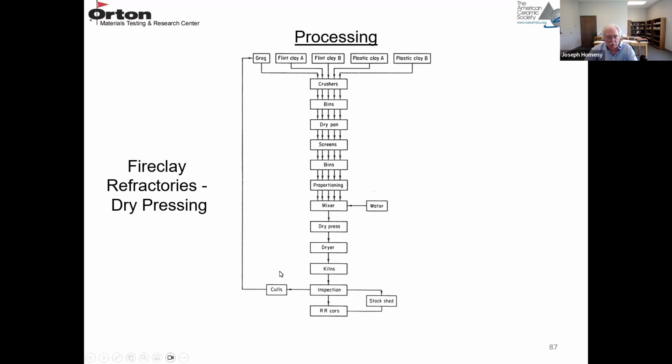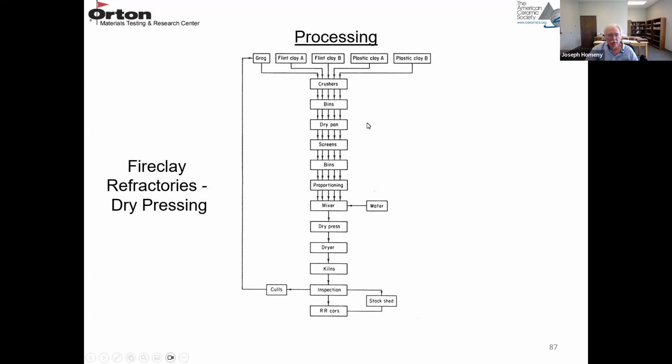There are a couple of flow diagrams I have here. This one is for dry pressing. You might have your calcined clays here, grog. Maybe there are some flint clays, which are not very plastic, and then your plastic clays. They all go through this crushing operation and separating into sizes.